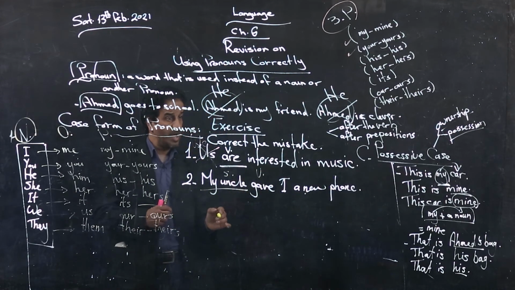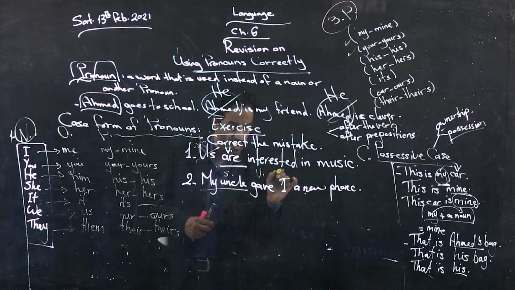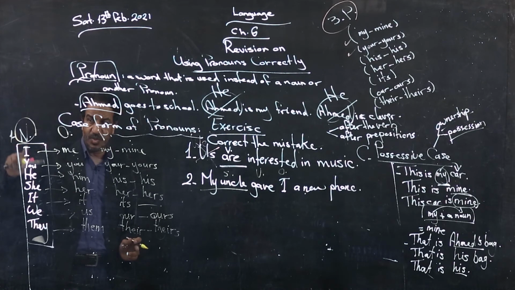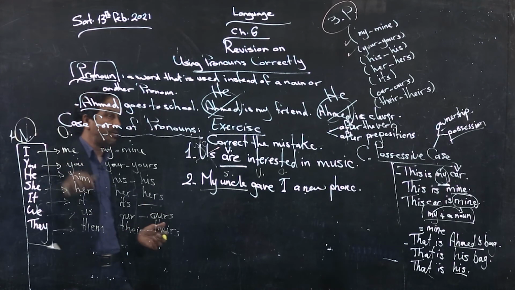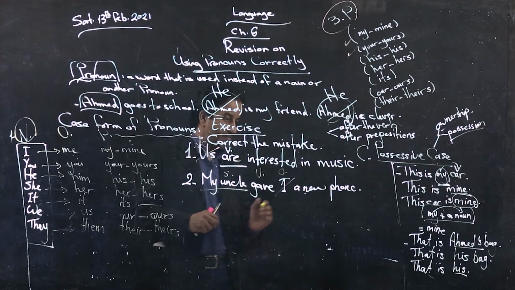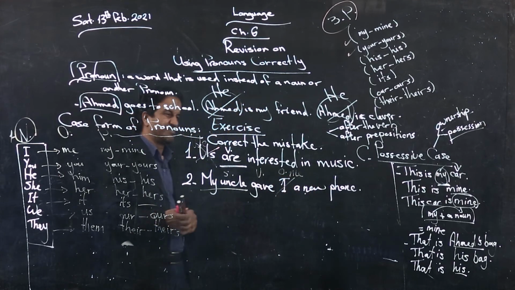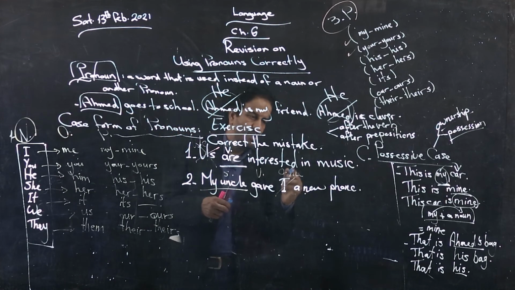What comes after the verb is an object of the verb. I is a nominative case, so it's not an object here. So I becomes me. So instead of I, we use me.